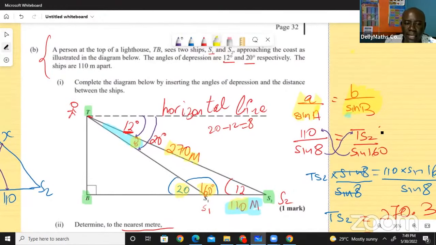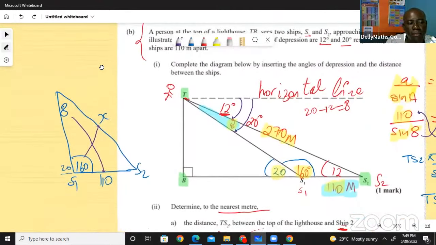So 110 over the sine of 8. See it here? The 8 is opposite to this side. And that is why I drew a diagram separately. So I said, look at this diagram. The 8, I draw it bigger.